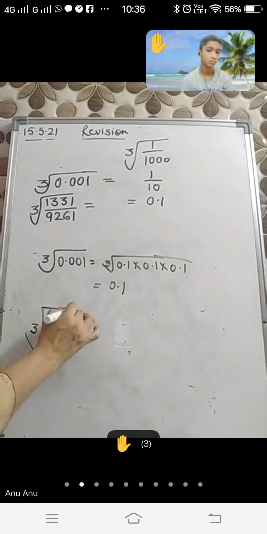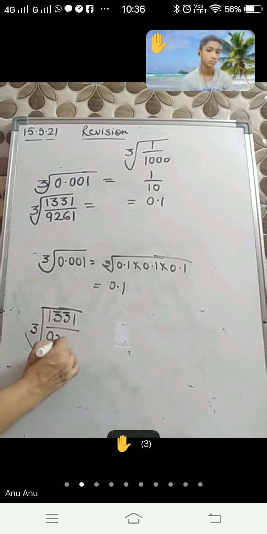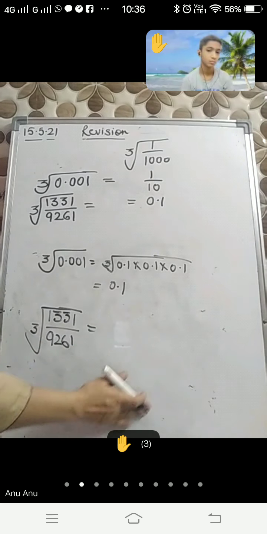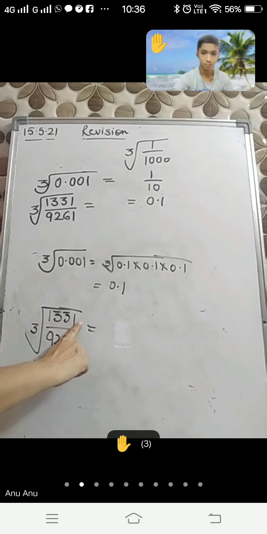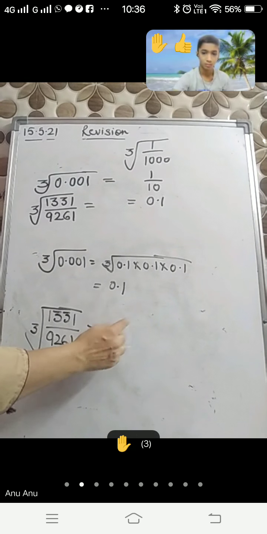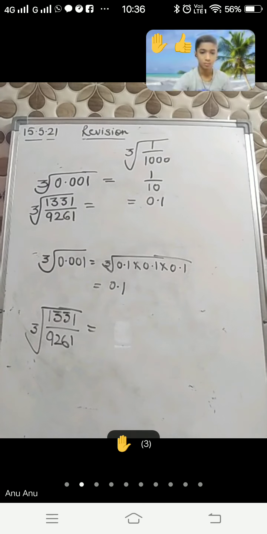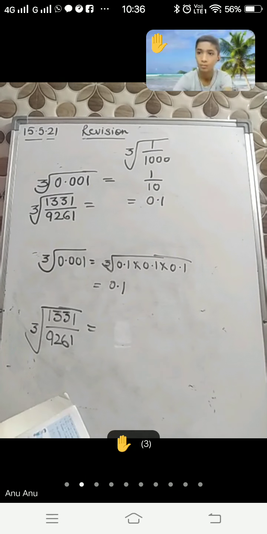Have you done this? Don't write direct answer. Find the factors of the numerator and denominator separately. Then write the factors. Then take one number common from each group of 3 so that you can get the correct answer. Don't go for direct answer, beta.